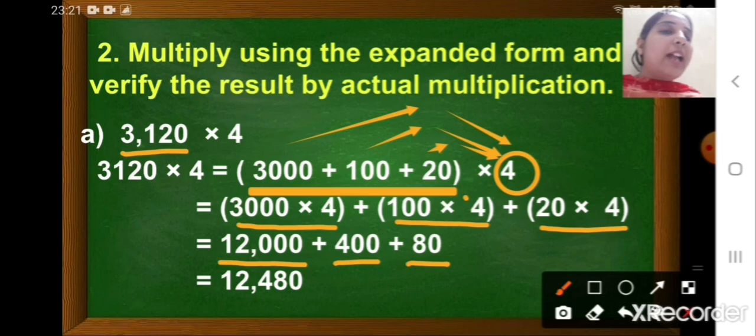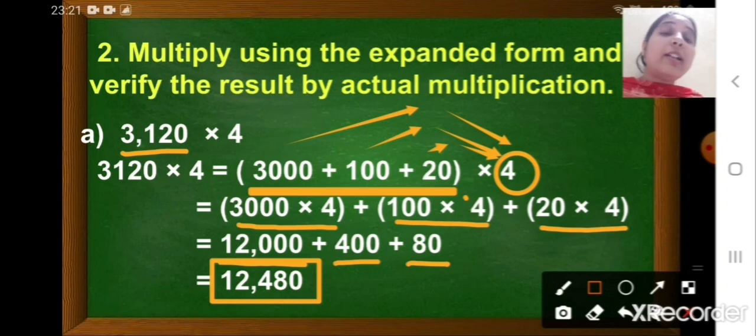Now we will add all of them: 12,000 plus 400 plus 80. When we add them, what answer will we get? We will get 12,480. So this is the answer obtained here.